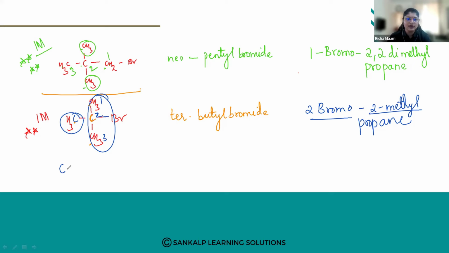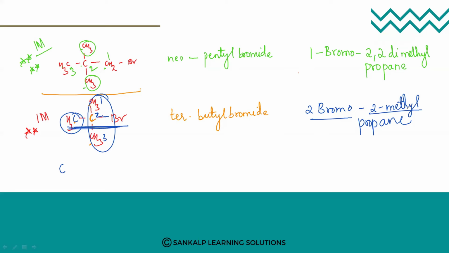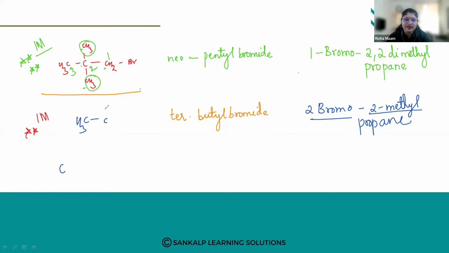Ma'am, why are you not applying the horizontal type of number chain? Why are you not applying it horizontally? Because see here, how many carbon atoms will be there if I consider like this? 1 and 2.